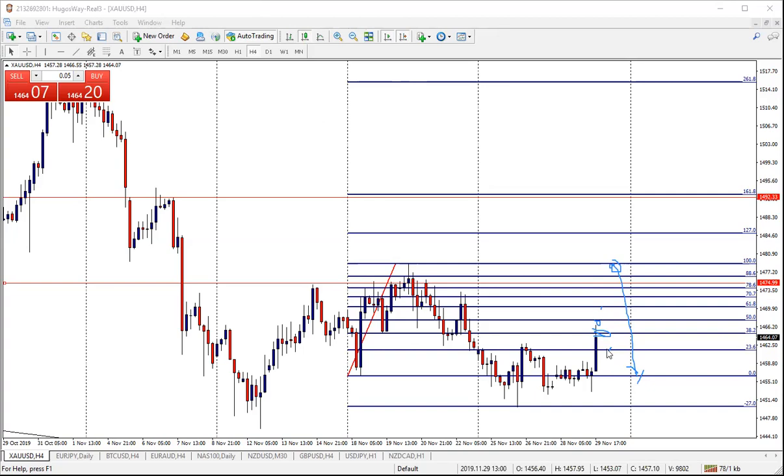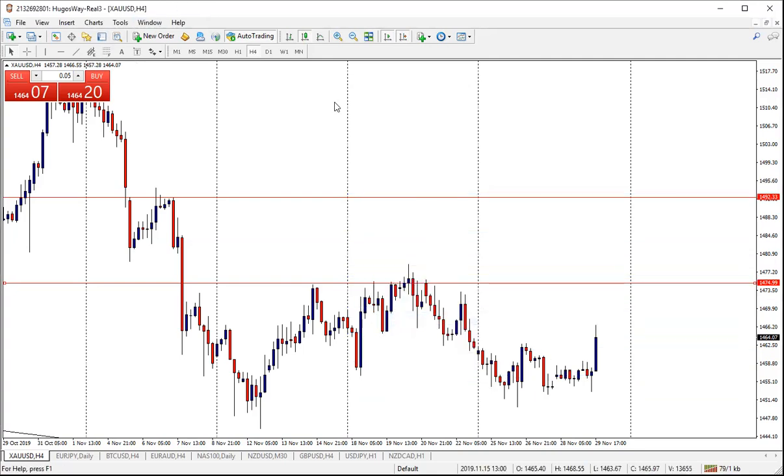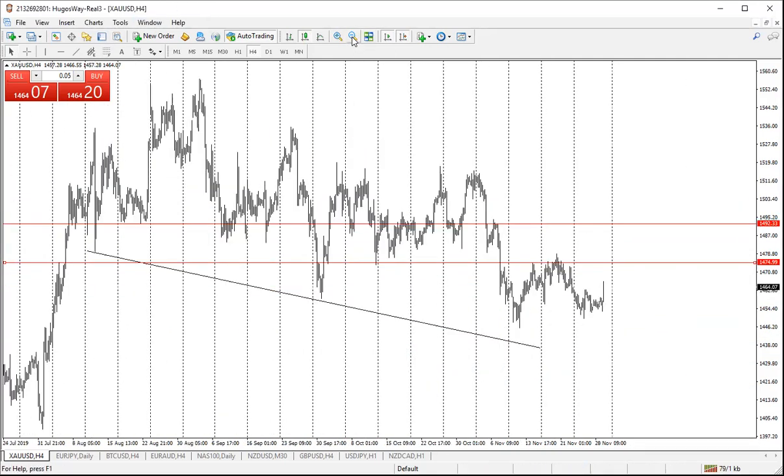You should always expect pushbacks even though it's a downtrend. But what you are looking for is that particular point where you are going to sell the market, because the overall structure is a downtrend. All right, I just hope I close that thought. If I'm missing anything there, please draw my attention to it.